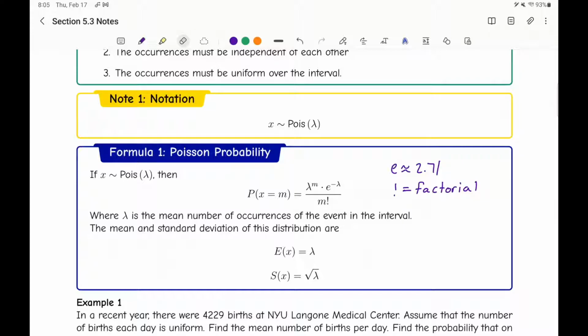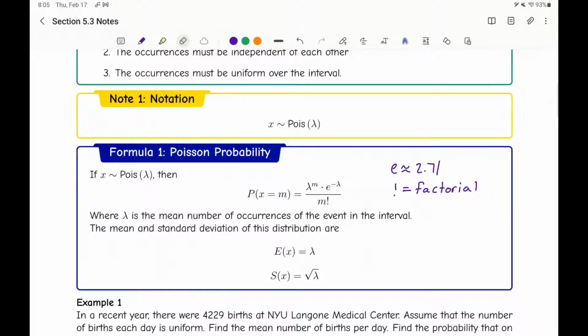On the Casio, you'll press option, press F6 until you see the prob option, which I believe will be F3, and then factorial is F1, the first exclamation point. On the TI-83 and TI-84, you'll press the math button, go over to prob, and you'll see the exclamation point on one of the options.